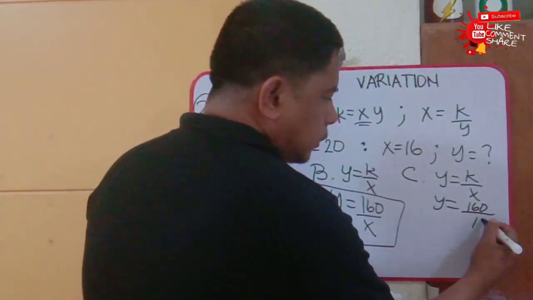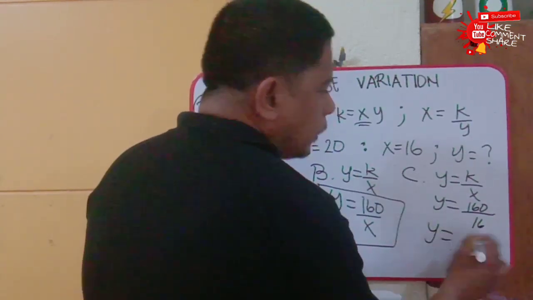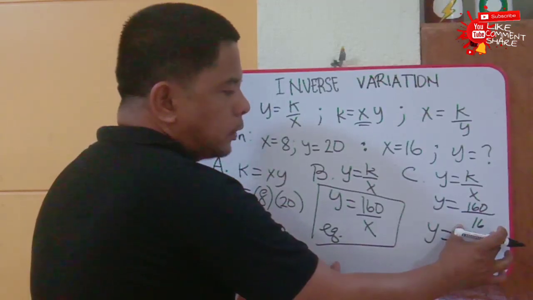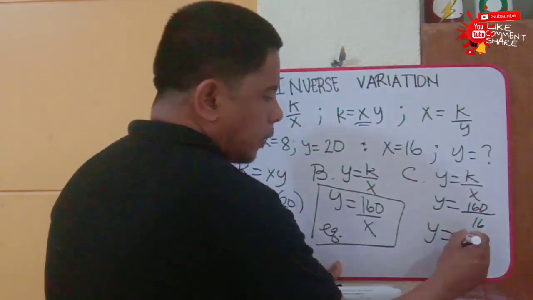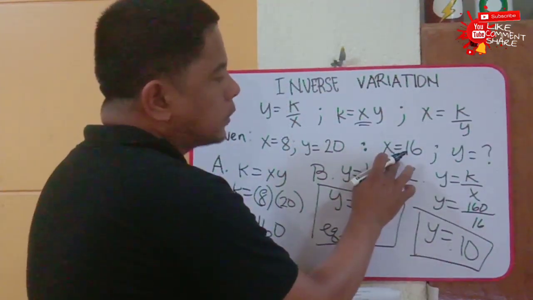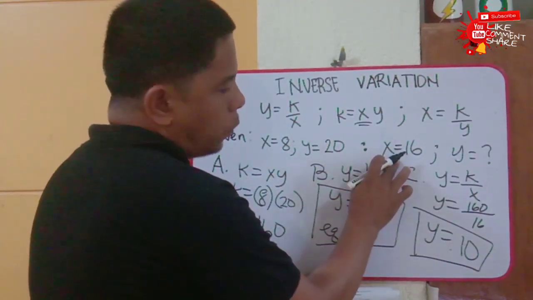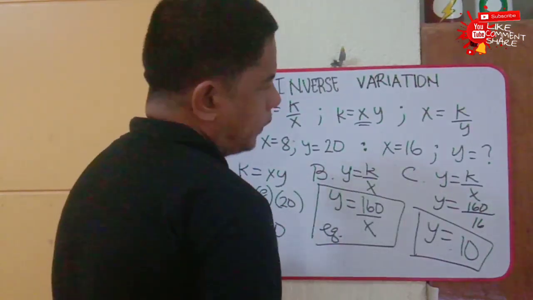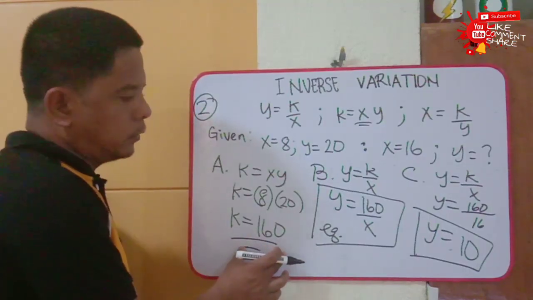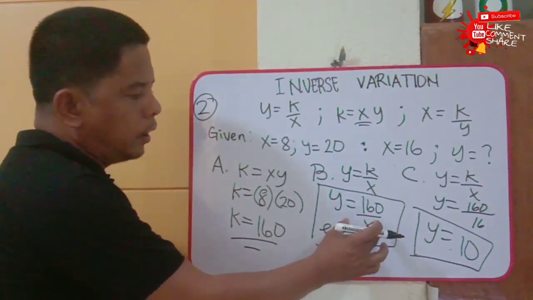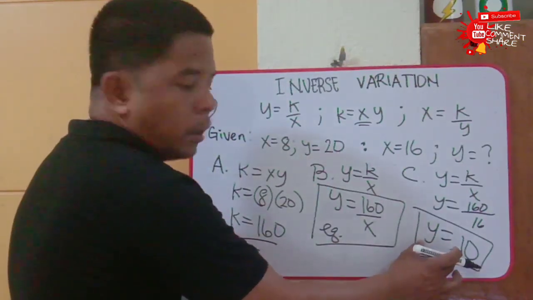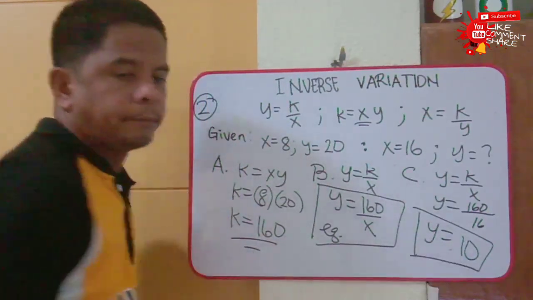X equals 16. And simplifying, 160 divided by 16, so that is equals to 10. Y equals to 10. If x is 16, y equals to 10. Yan po yung sagot sa number 2. Constant is 160. Equation is 160 over x. And value of y equals 10.